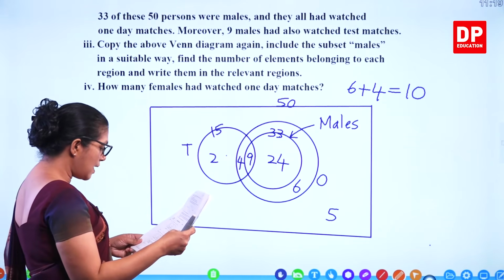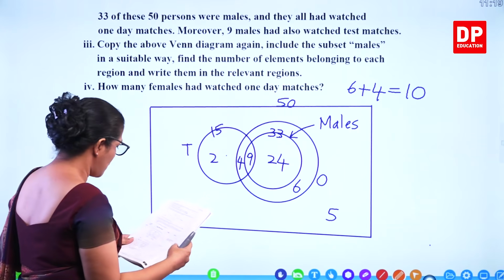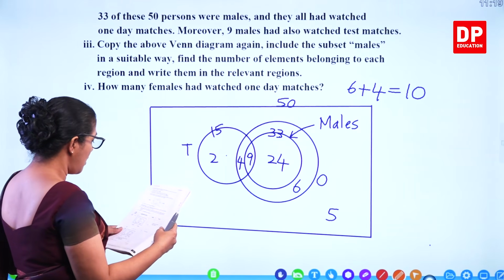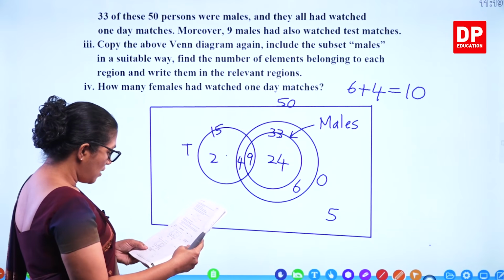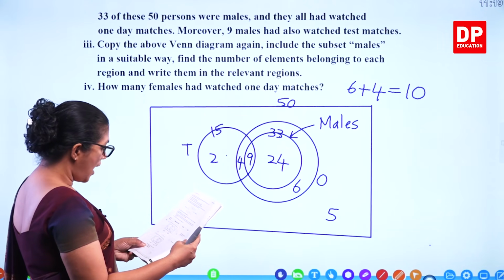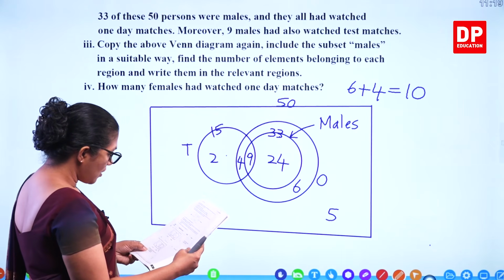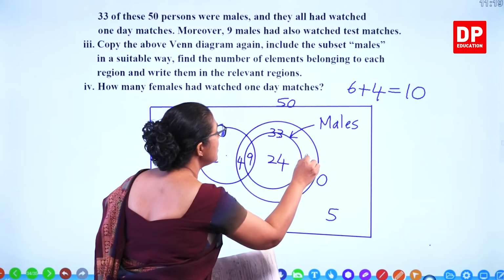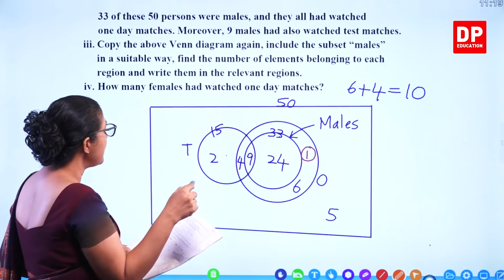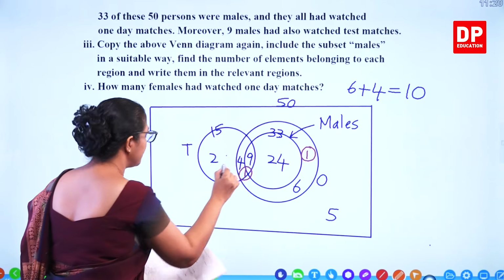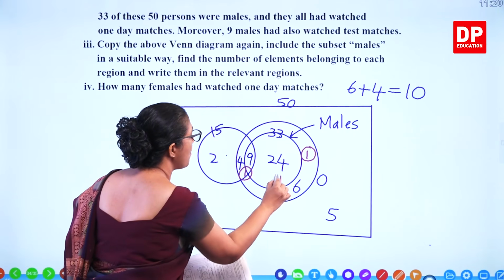We'll look at the marking scheme and find out the marks. So we gave 6 marks for the previous 2 questions and this one. So 2, 4, 9, 24, 6 and 5. So 1 mark for the male circle, and 4 and 9, 1 mark, marking 4 and 9, 24 and 6, marking 1 mark.